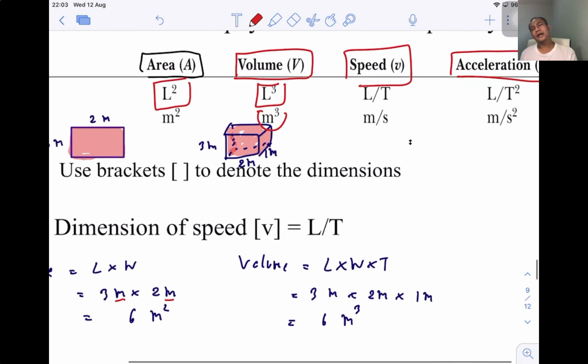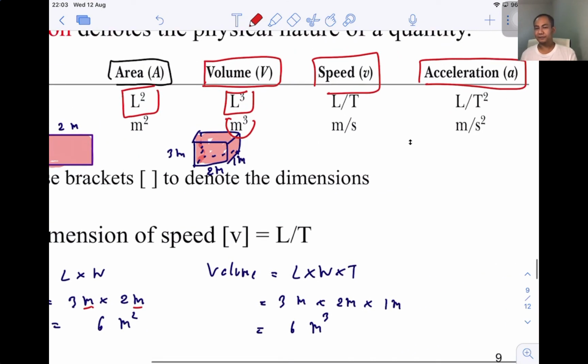Okay, another example is the speed. The speed is some quantity that you want to measure how fast an object goes, for example, a car. Okay, so we have to measure how far an object can go per unit of time.